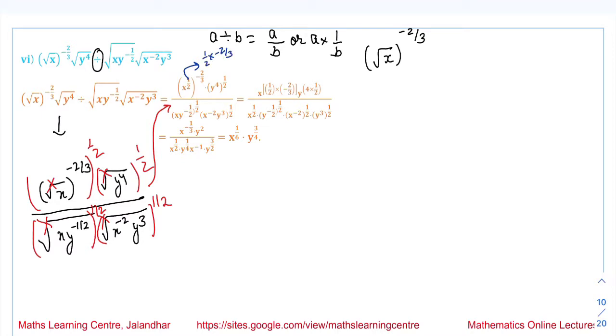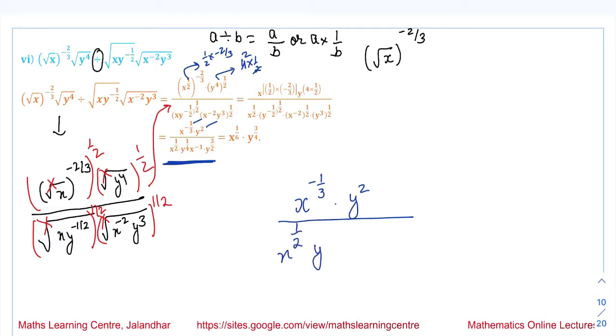The answer you are left with is minus 1 by 3. In the second term you are having 4 into 1 by 2. So the answer you are left with is 2. Similarly in the denominator you can try solving these values on your own. Now we are left with x raised to the power minus 1 by 3 into y square over x raised to the power 1 by 2 y raised to the power 1 by 4 x raised to the power minus 1 and y raised to the power 3 by 2.